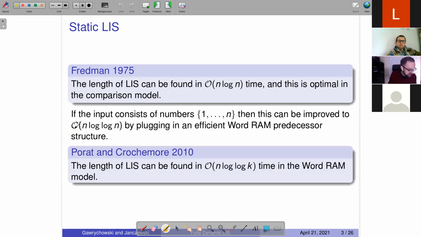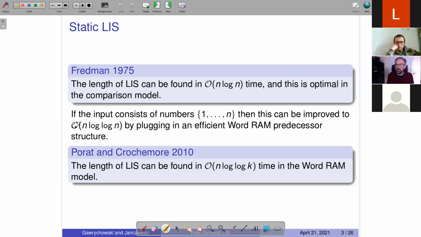The last paper in this line is from 2010 by Crochemore and Porat. They show that the length of the longest increasing subsequence, which I will refer to as LIS in the further part of the talk, can be found in n log k time, where k is the length of the result. So if the result is very small, it's slightly faster.